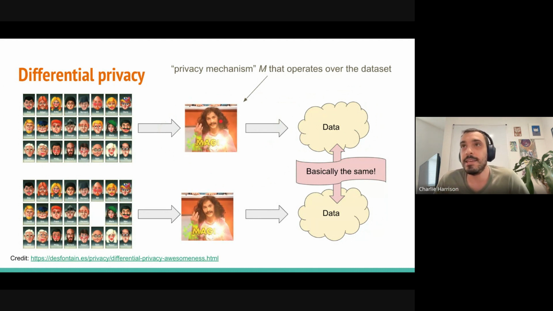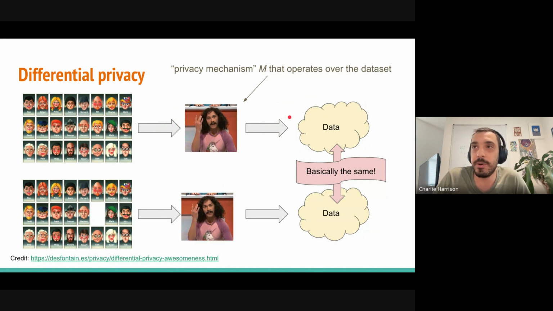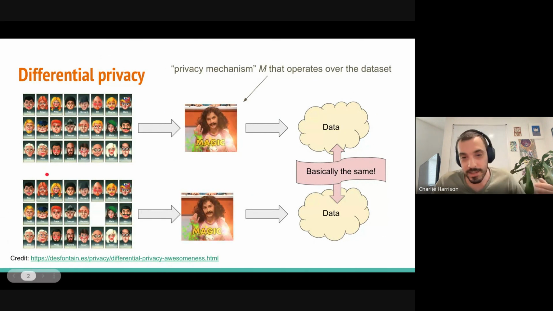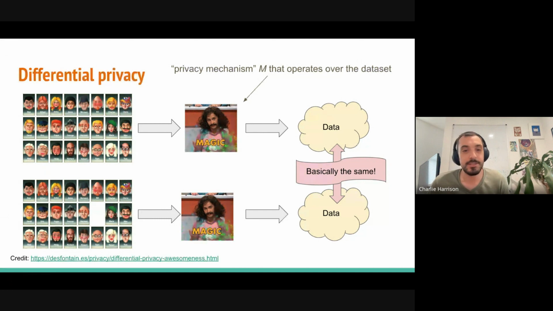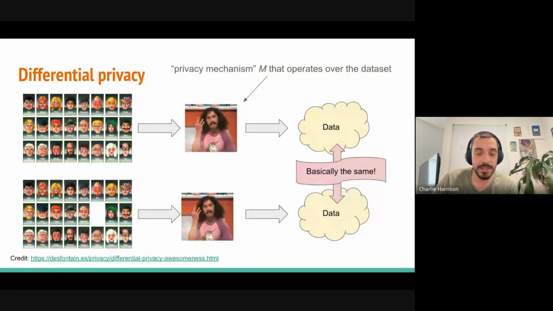The guarantee that differential privacy gives you is that after going through the magic, you won't really be able to distinguish two outputs if they came from inputs that differed on one individual. The intuition is that whether you contributed or participated in the system or not is not going to change the end result in some formal mathematical way.